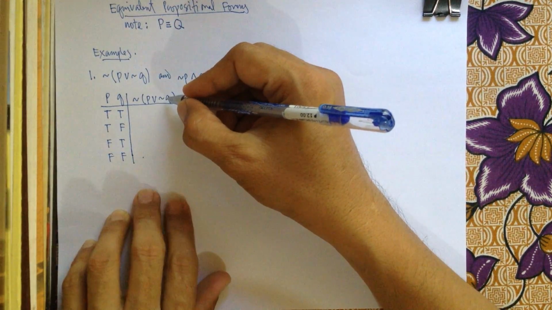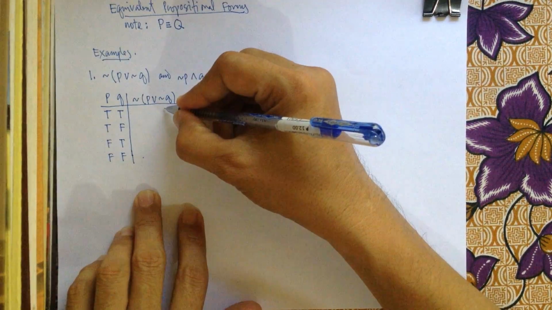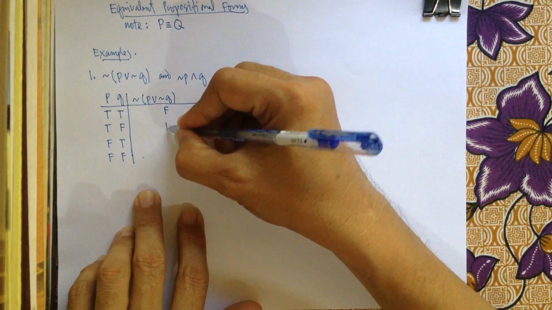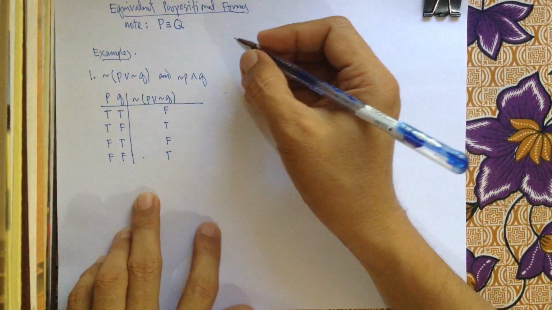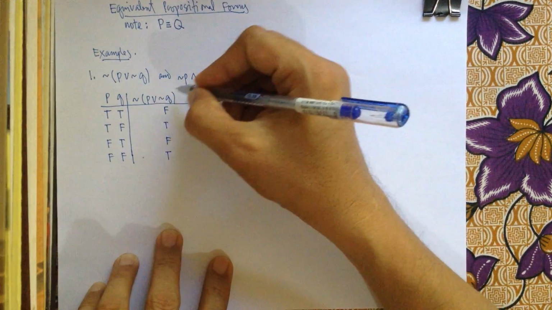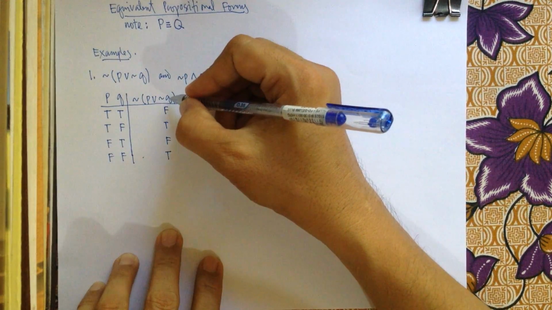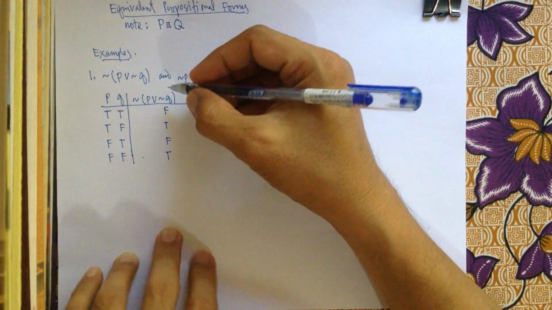Let's just write the truth value for negation of Q. Following this, we have false, true, false, true. Then what is the truth value for P or not Q, where P is true, true, false, false?